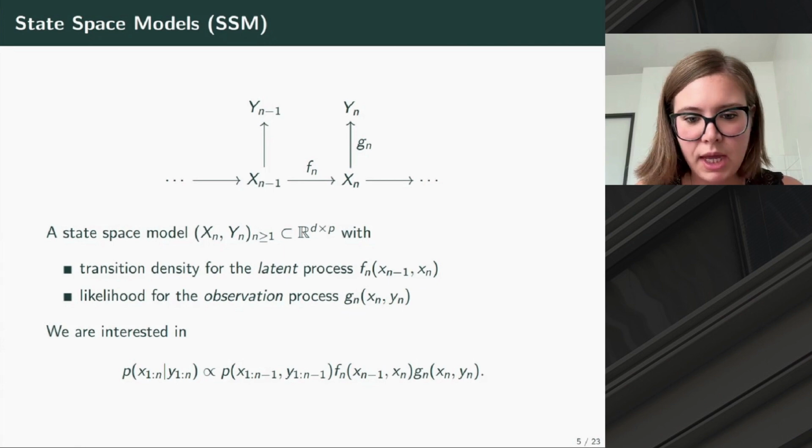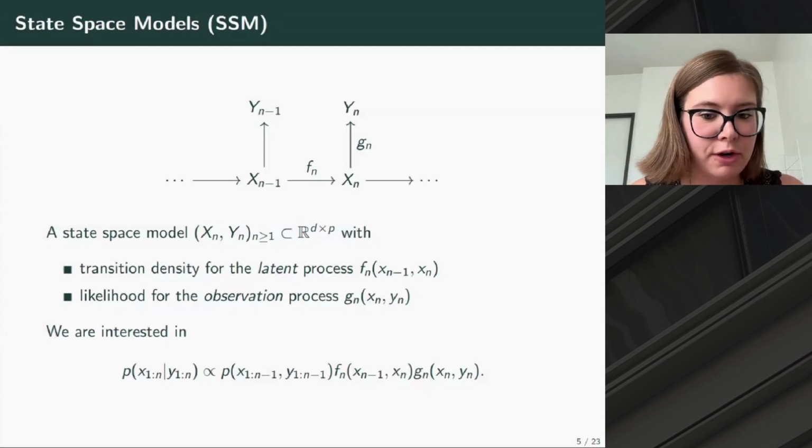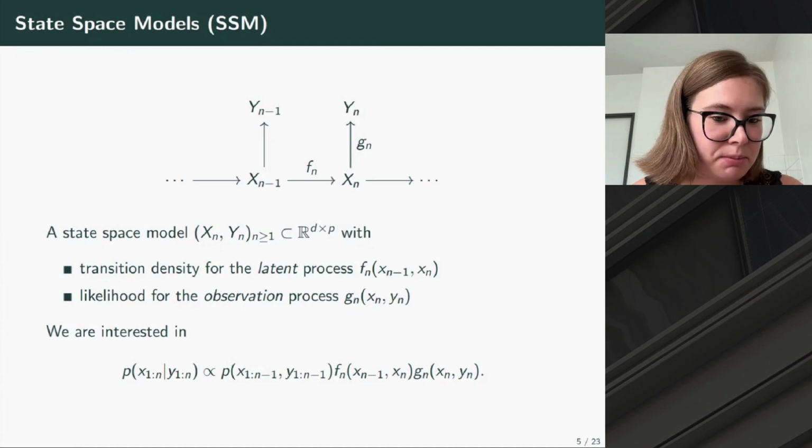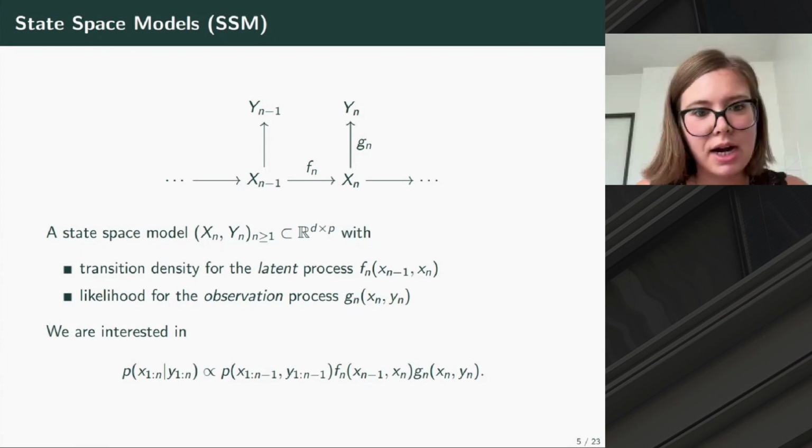Also, if we work on discrete spaces, there are ways to recover this distribution analytically, but very often this is not the case. If we are far from linear state space models and we don't have Gaussian distributions, we cannot compute this quantity, mostly because there is a normalizing constant, hidden by this sign, which is intractable for these sorts of distributions.